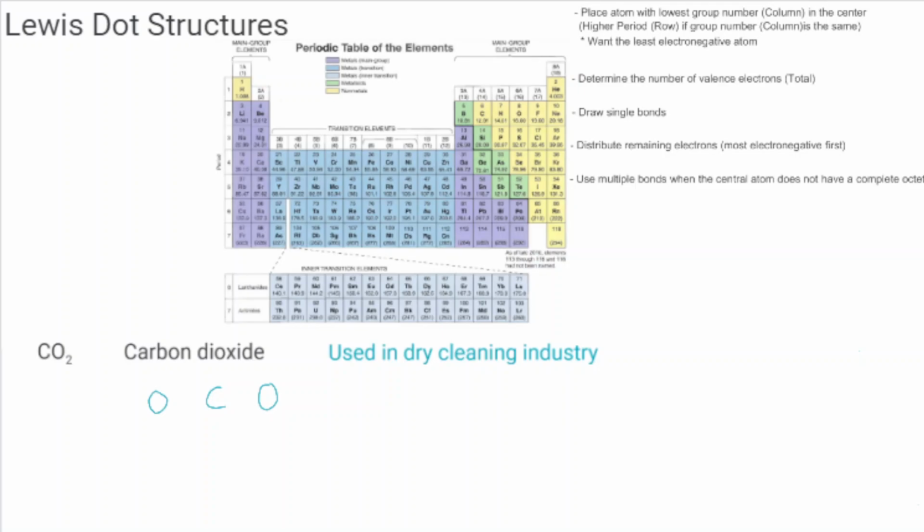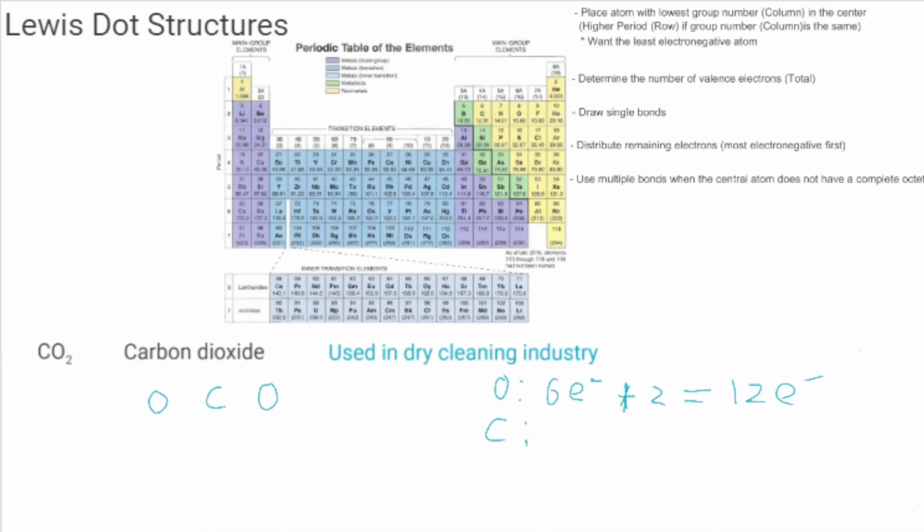Then what we want to do is count up our number of valence electrons. So I'm going to start off with our oxygens. We already determined last time that oxygen has 6 valence electrons. And again, you can just do that by counting on the periodic table, starting from the left of that row. We're going to multiply that by 2, because we have 2 oxygens in this molecule. And that'll give us 12 valence electrons for oxygen. Then we need to do it for carbon.